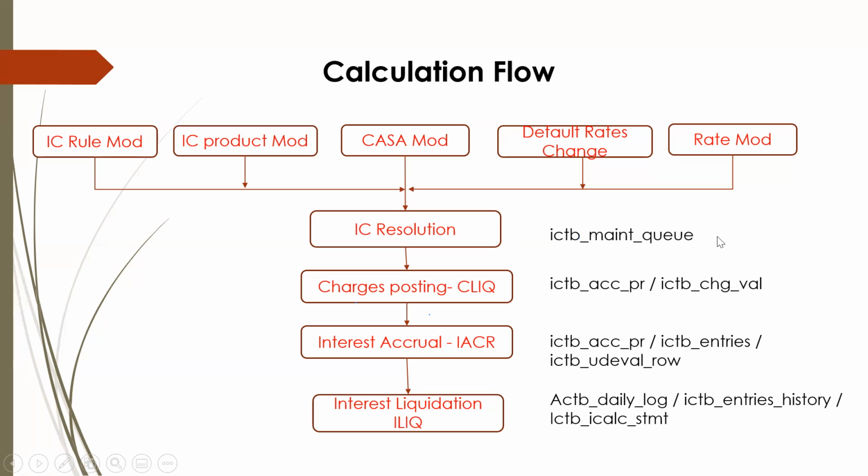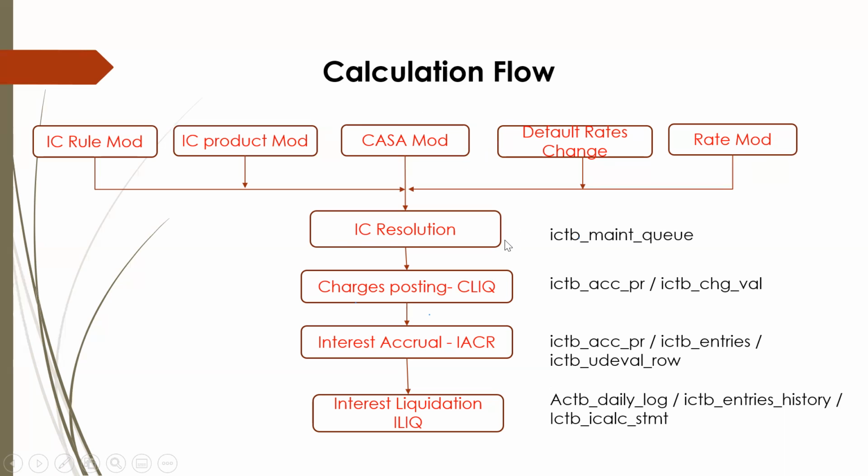If anything is there unprocessed, it may be any of these five: either a rule is modified, or a product is modified, or an account is modified, or a default rate change happens when UDE values change, or a rate code is modified. If a rate code is modified and this rate is attached to multiple accounts or multiple account classes, everything will go for a repopulation, which is just population of the working table.